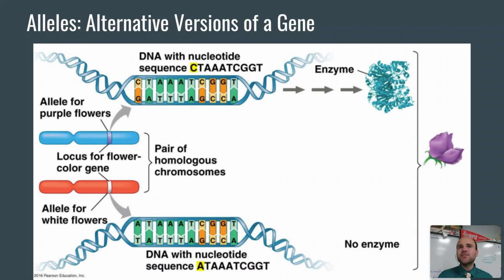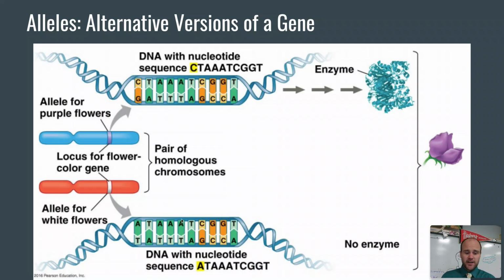So remember that alleles are alternate forms of a gene, and genes are the code in the DNA to make a protein. So if that code gets changed slightly, we're going to build a slightly different protein, or potentially no protein at all. So say there's an enzyme that converts pigment in flower petals to the color purple.